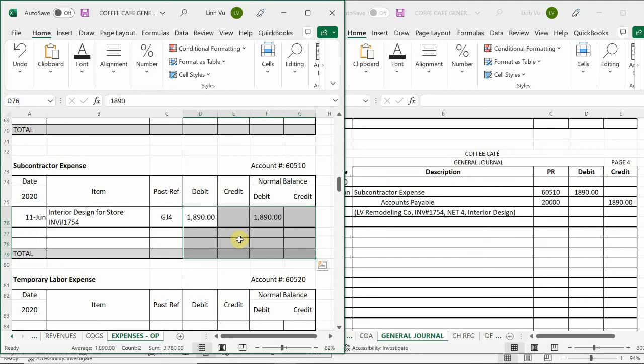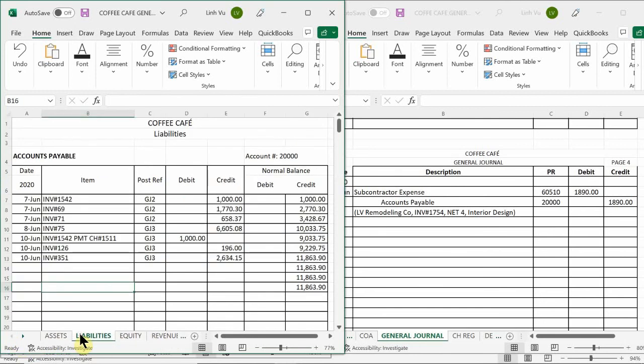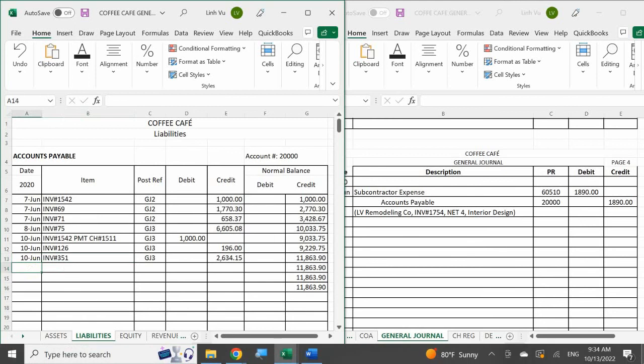And then we're gonna go ahead and update my accounts payable account, so my liabilities. Okay, because I received another bill and I'm not gonna pay it now. I'm gonna choose to pay it later. So invoice number 1754. We're on our 4th journal now for $1,890.